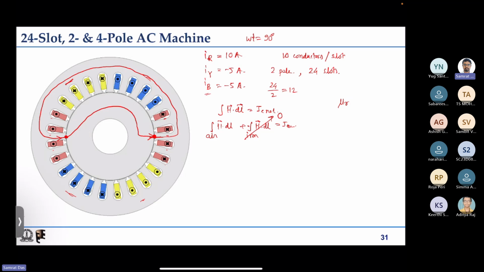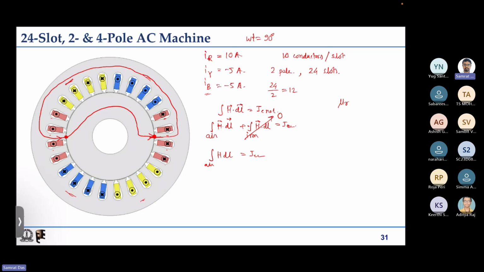Now along this air gap, the direction of H is radial, and the dl on the loop is also radial. So H and dl vectors are both collinear, so H dot dl basically becomes H dl, and that is equal to I enclosed. Now there are two parts, this portion and this portion.